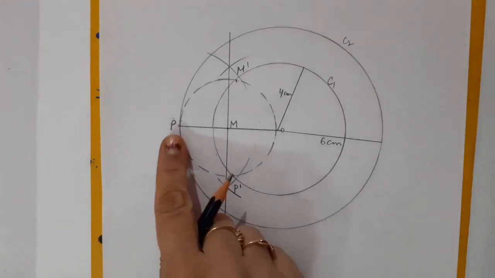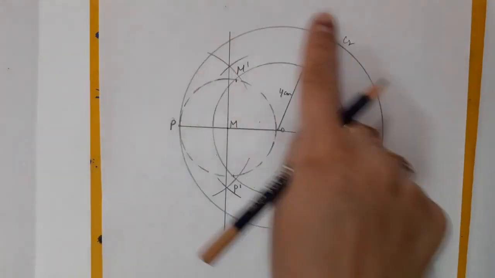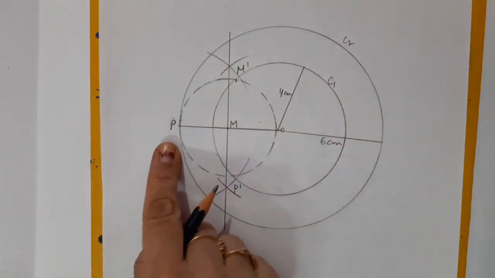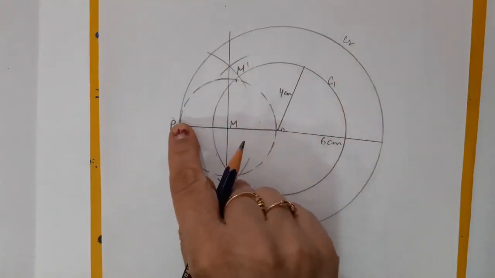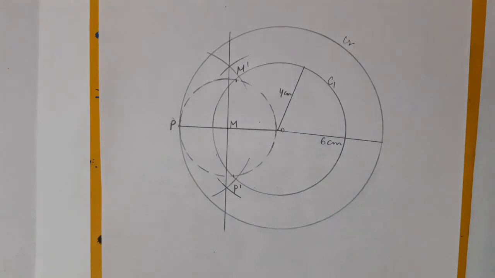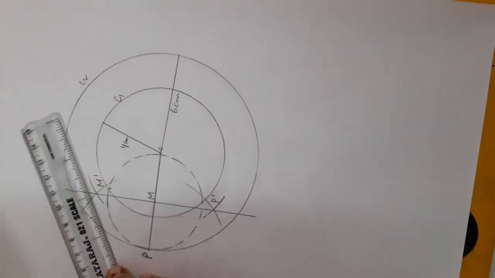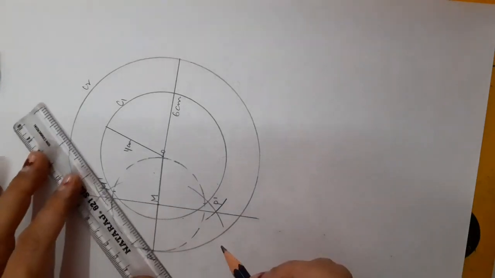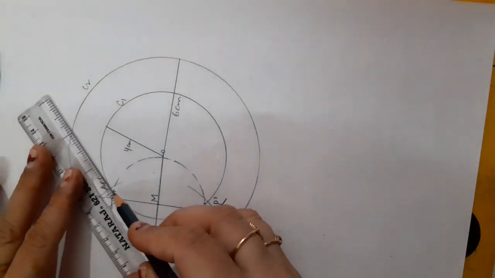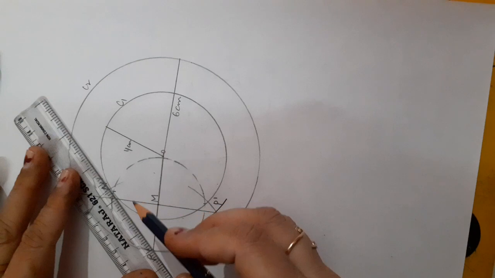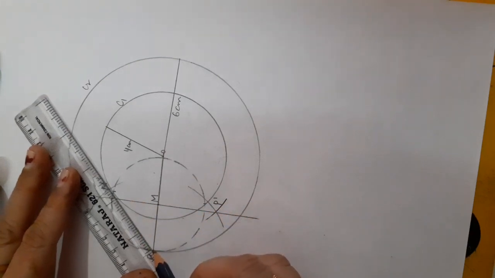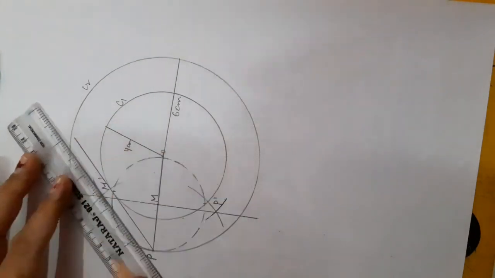Now we have been asked to draw the tangents from the point which is on the outer circle, that is C2. So from here I can draw two tangents. Okay, you can see children, this would be PM dash and another will be PP dash.